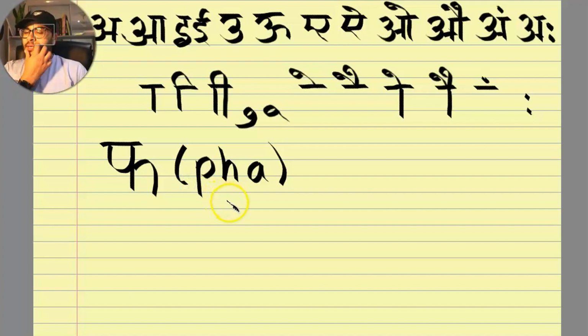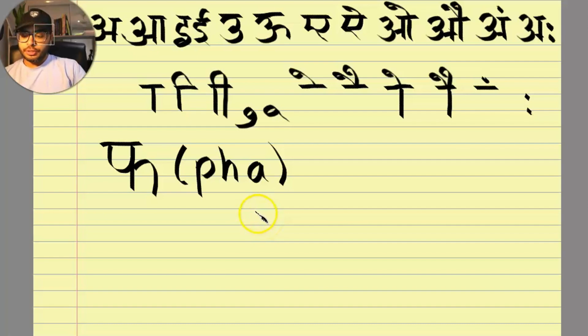A word or sound in English that resembles this sound would be something like fact. And a Nepali word that uses this sound would be something like phalphul. That means fruit.